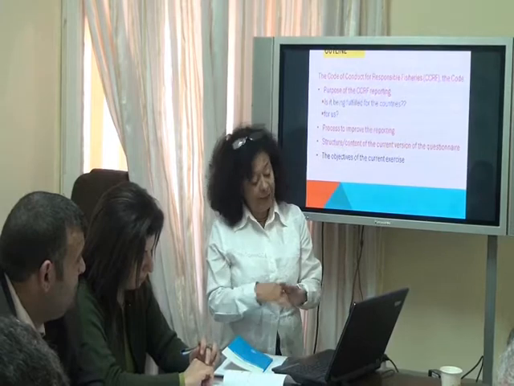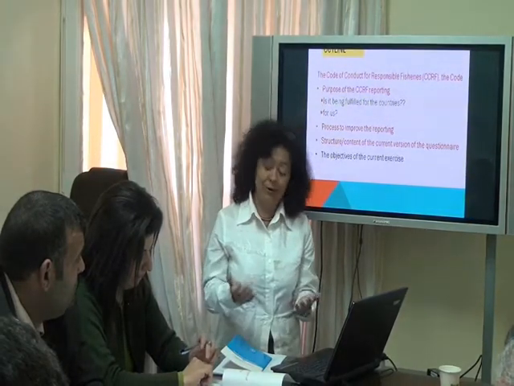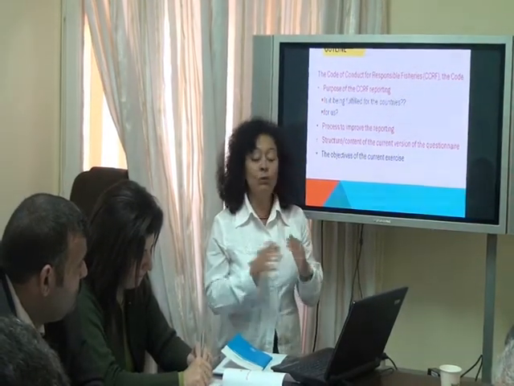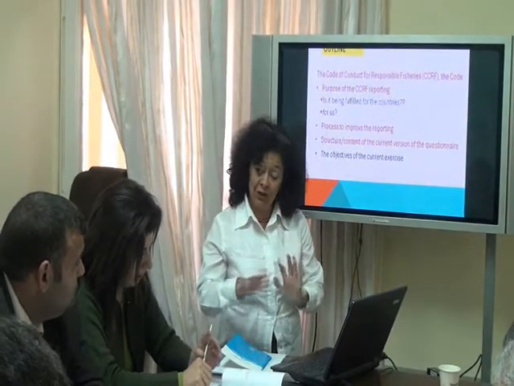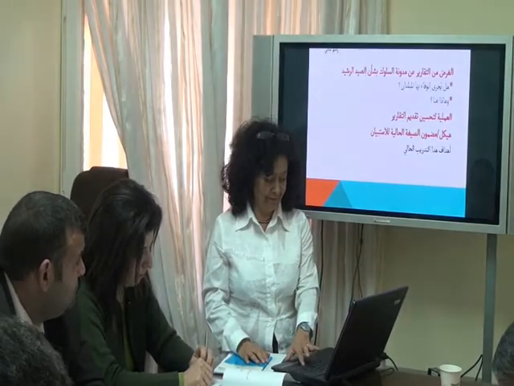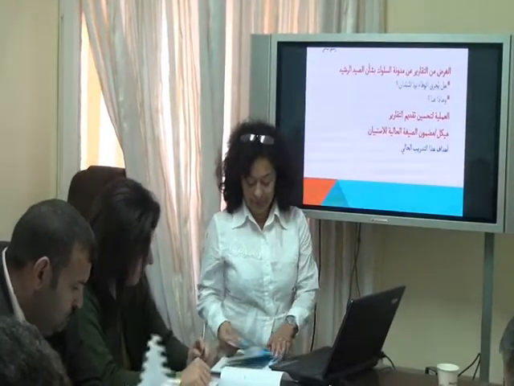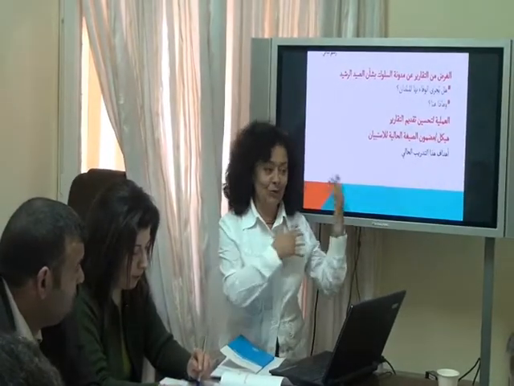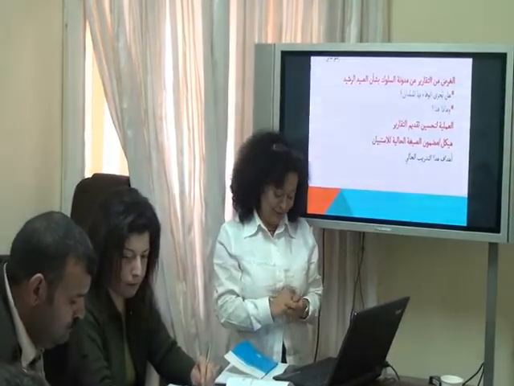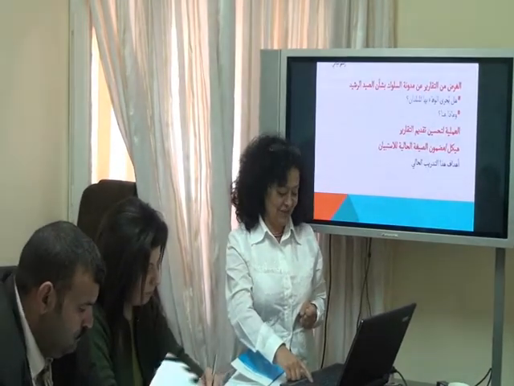Then I will explain the process to improve the reporting, and then we will focus on the new questionnaire for aquaculture and on the objectives of this exercise. So you have that in Arabic, so every time I show the English one, you can also look at the Arabic translation there.